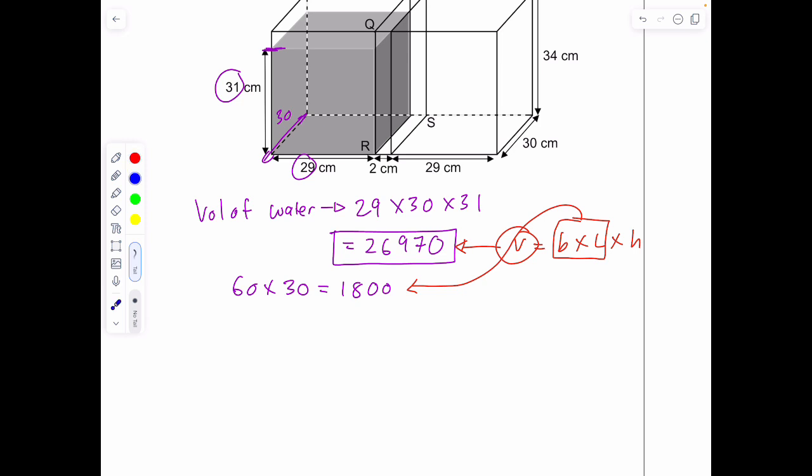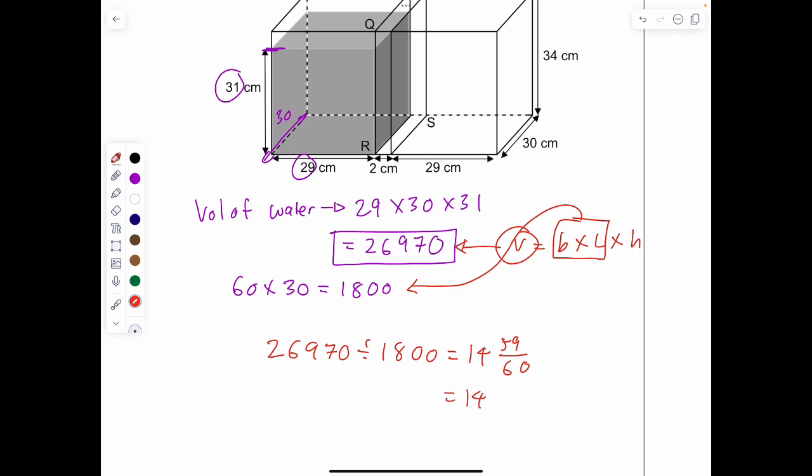So if I substitute in all my values, it's actually 26970 divided by 1800. That will give me 14 remainder 1770.